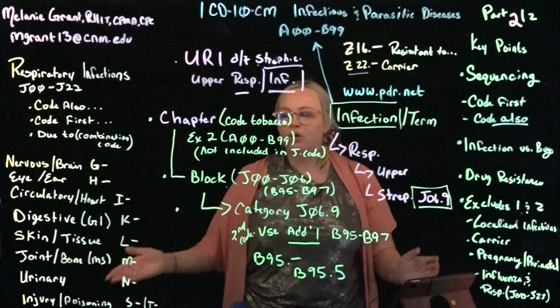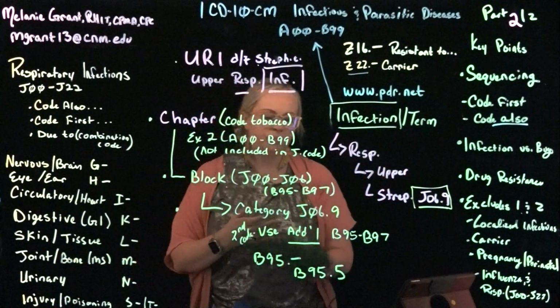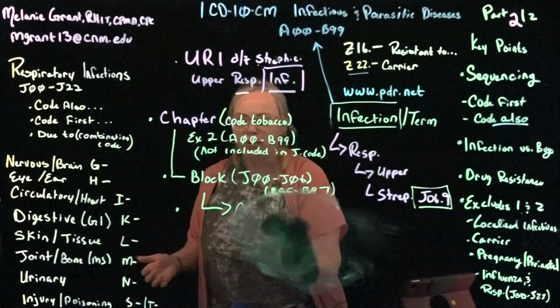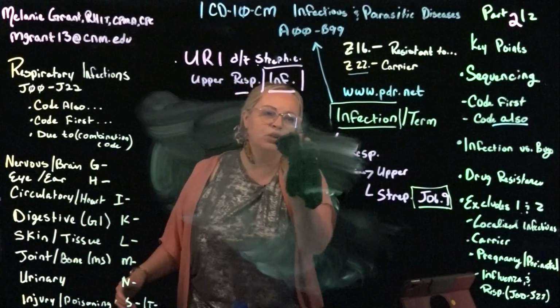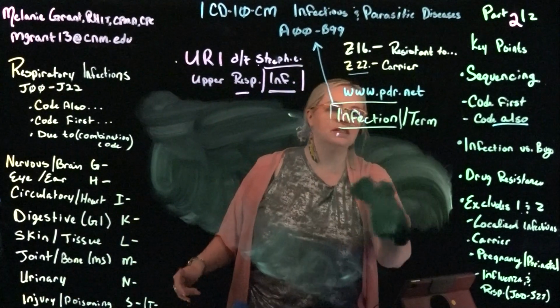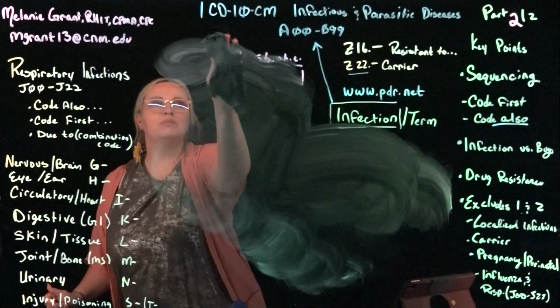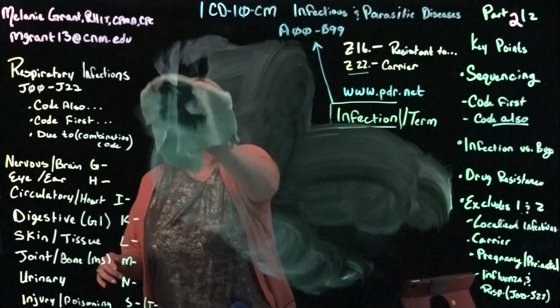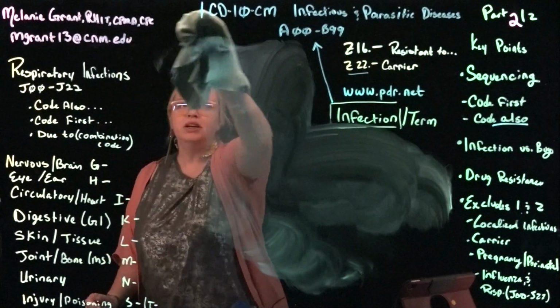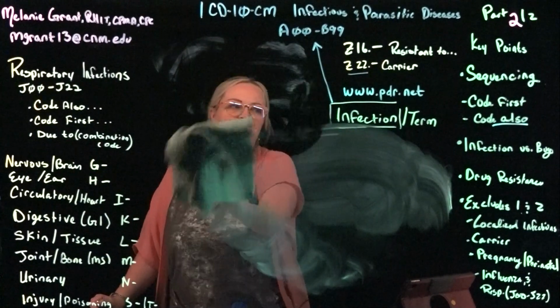That's all for our coding on our respiratory system. Take some time to look through it and see how some of these are coded. I highly recommend, as you're coding, when you're looking at diseases of infectious and parasitic conditions for Coding Chapter 1, A00 through B99, look first at the type of infection.